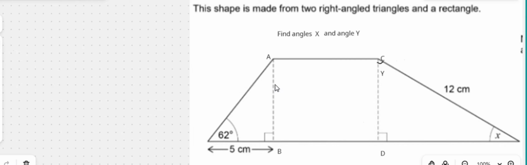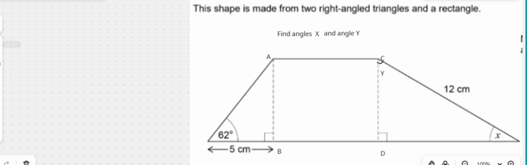So after we find AB using the tan rule, we will find CD and then use it along with the hypotenuse in order to find the angle x, and after that the angle y. So let's start by finding AB.